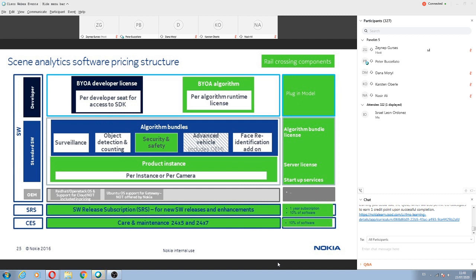So from our standard licensing structure, we have two major pieces, which are the algorithm bundles, which we price on a per camera basis, and the server instance, which is priced on a per camera basis if you're using a multi-tenant Nokia hosted instance, or on a per instance basis if the customer or a partner wants a standalone instance on their own, either on the cloud or on premise.